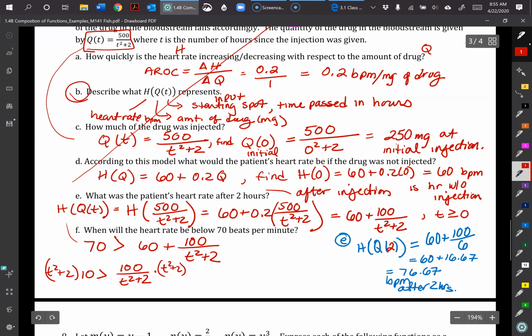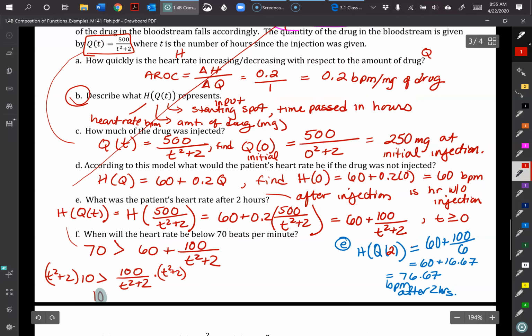And we end up with 10... actually, let's do it this way. We can divide both sides by 10 at this point.